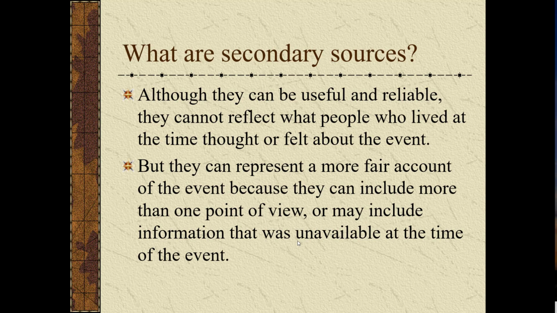And although they can be useful and reliable, they cannot reflect what people who lived at the time thought or felt about the event because they were created afterward. But they can represent a more fair account of the event because they can include more than one point of view. Or they might include information that was not available at the time of the event.